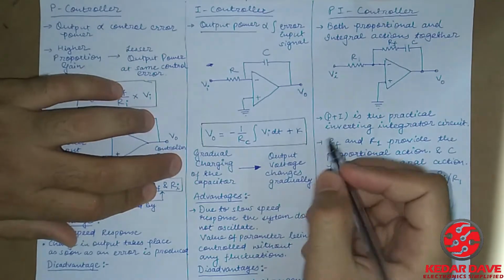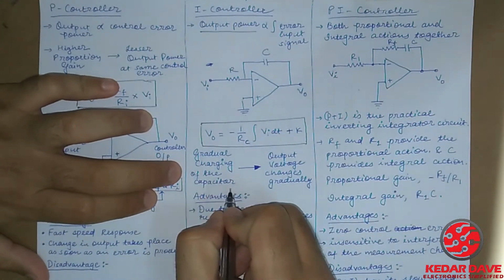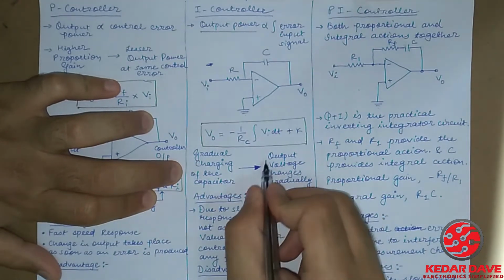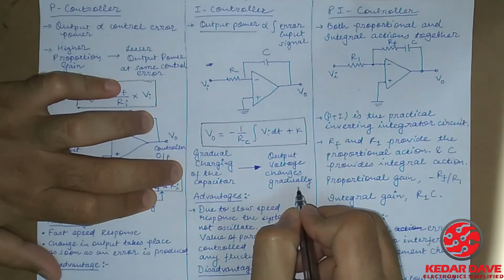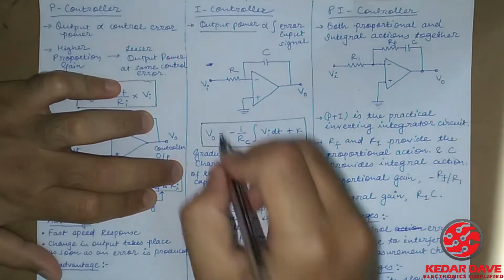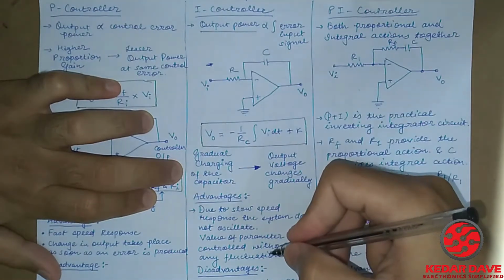In this condition, gradual charging of the capacitor takes place, and the output voltage changes gradually. It will not change instantly, like a peak at some value and then decreasing.